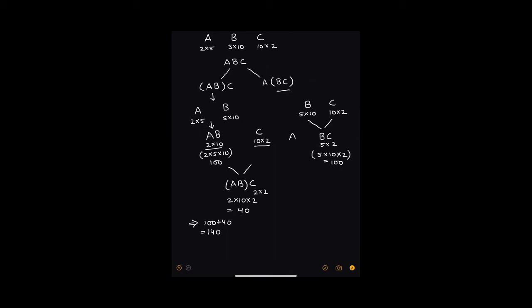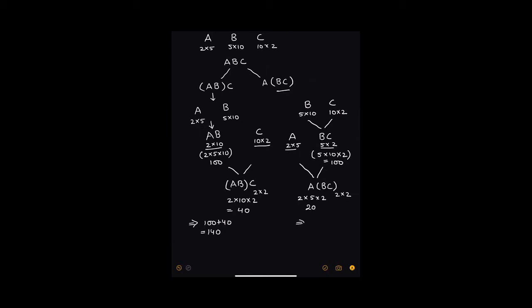Now if I have matrix A with dimension 2 cross 5, and I multiply both these matrices, I would get a matrix ABC with dimension 2 cross 2. Again, the number of multiplications required for this will be 2 into 5 into 2. This will be 20.